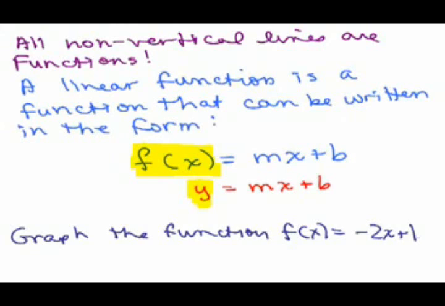Basically, what they're telling you is to graph a line. And in fact, if you ever see this function notation, f of x, this means it is a function. Because if you put an input in, this is the one with a formula, if you put some number in for the x over here on the right, you'll only get one particular number. So let's do that. f of x equals negative 2x plus 1.